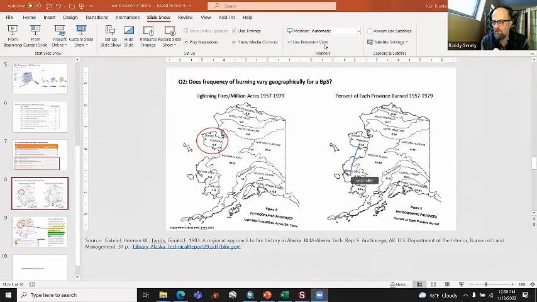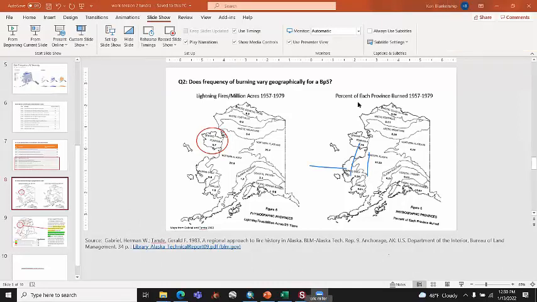Okay, I have a hand up from Jennifer Barnes. Hi, Jennifer. The values they have on those are more fire cycles than fire return intervals, the percent of each province burned, and this has always needed to be redone.